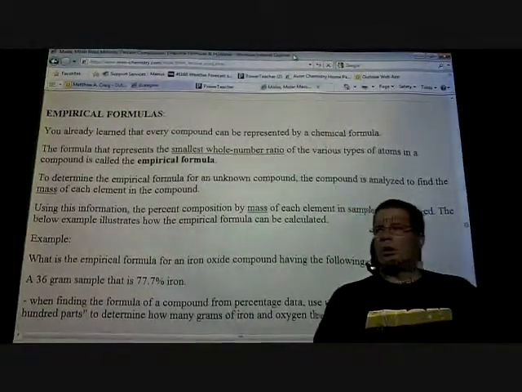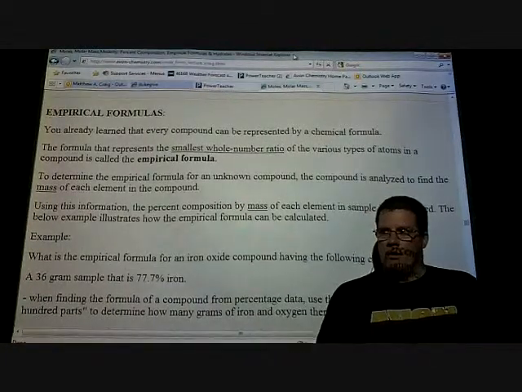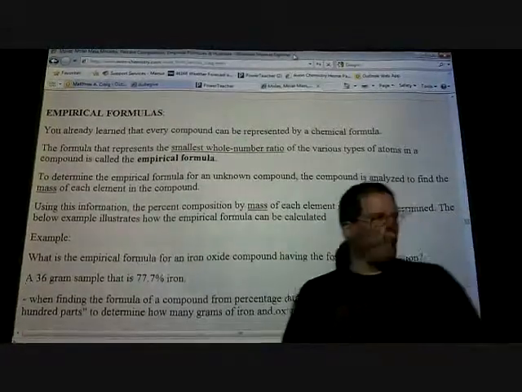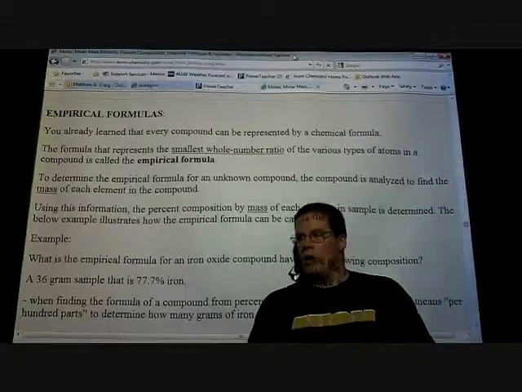Those masses represent the moles. So if I had 1 mole of hydrogen, then the mass is 1.008. For carbon, it's 12.01.